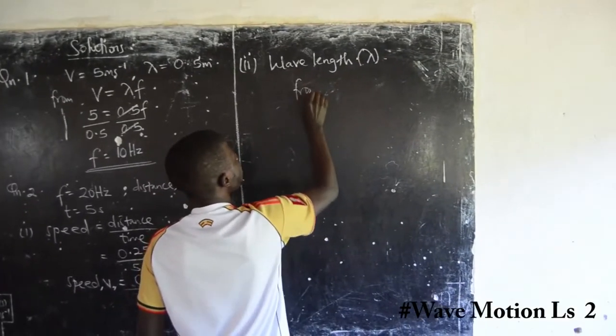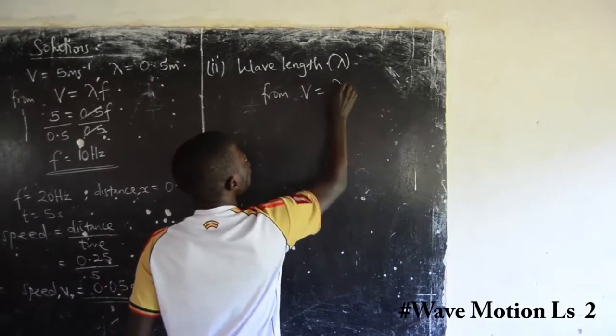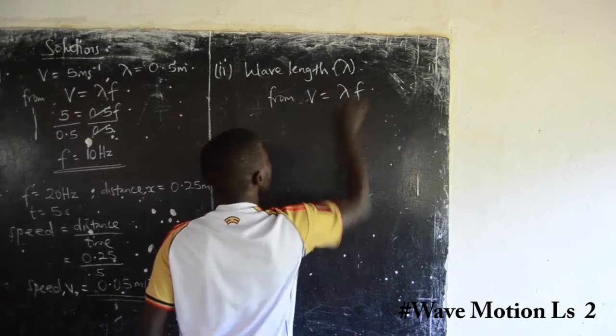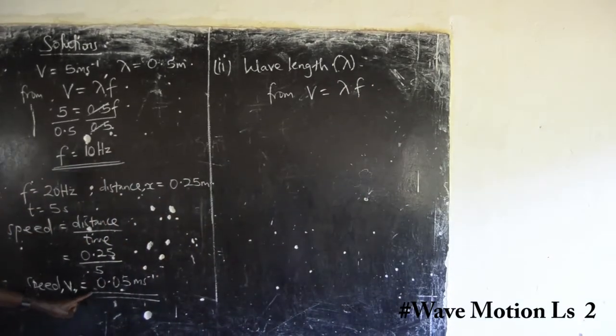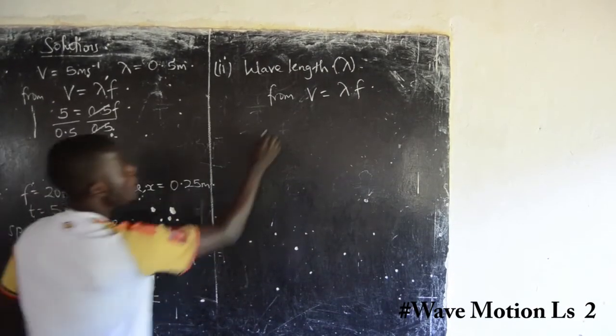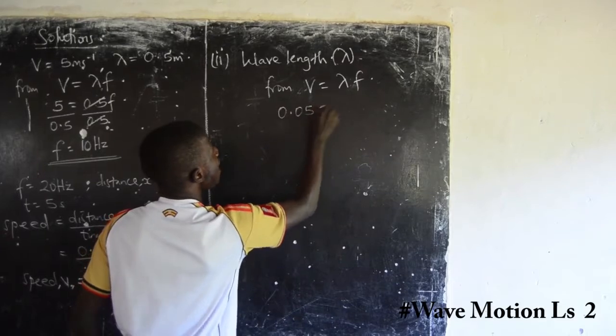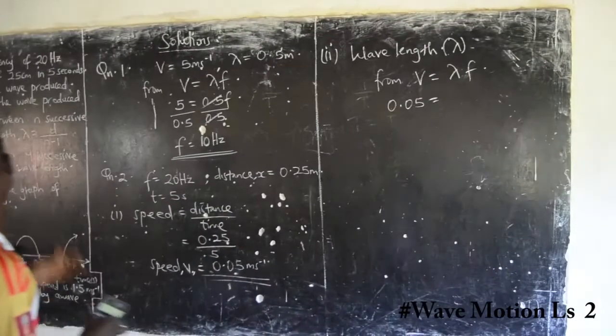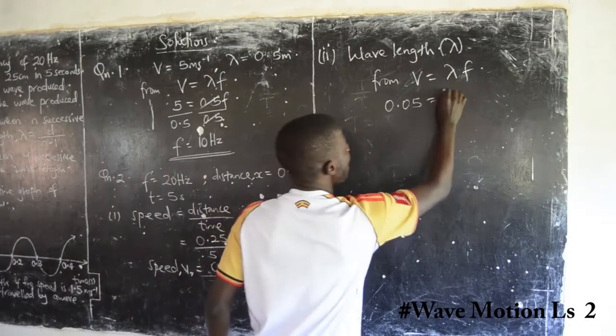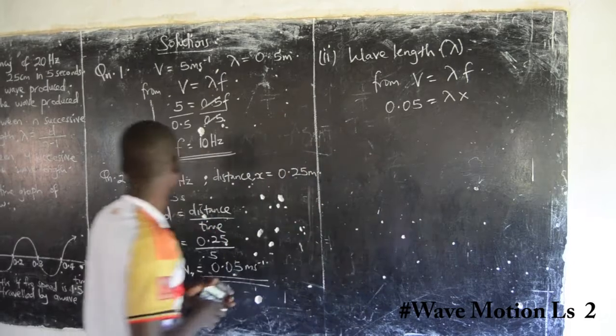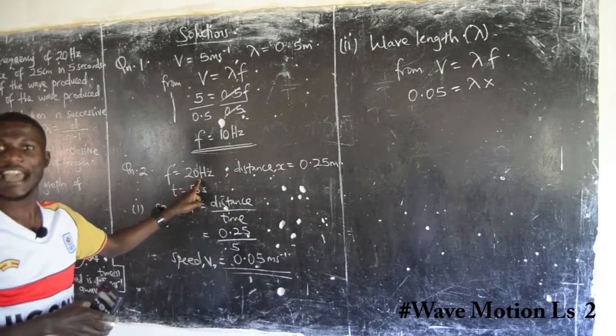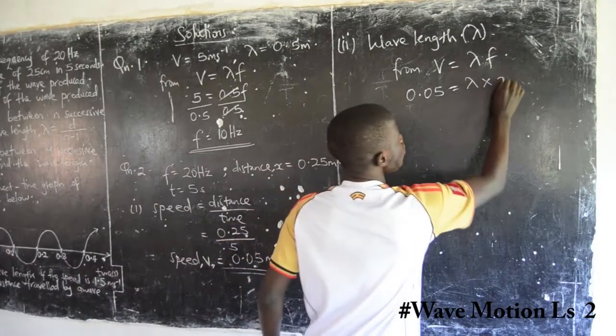From v equals wavelength times frequency, the velocity, which is the speed of our wave, is 0.05. We need the wavelength, lambda, times the frequency, which is 20 hertz.